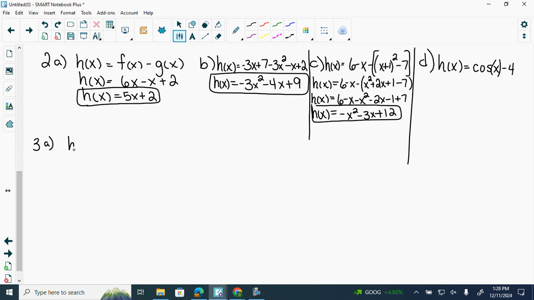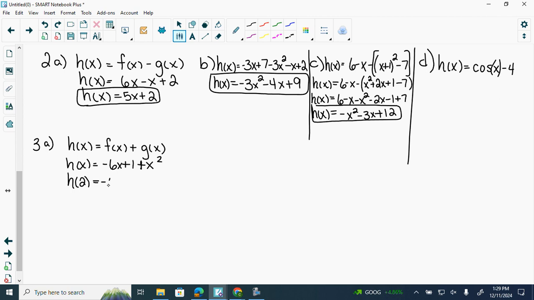The first way we can do it is actually to just find h of x, which is f of x plus g of x. So we're going to get h of x equals negative 6x plus 1 plus x squared. And now we have h of x, correct? And they want h of 2.